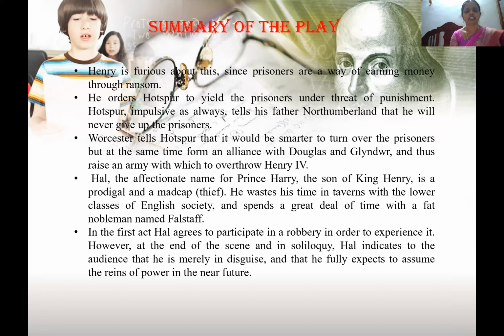And here comes the summary of the play. Henry is very furious about this, since prisoners are a way of earning money through ransom. He orders Hotspur to yield the prisoners under threat of punishment.